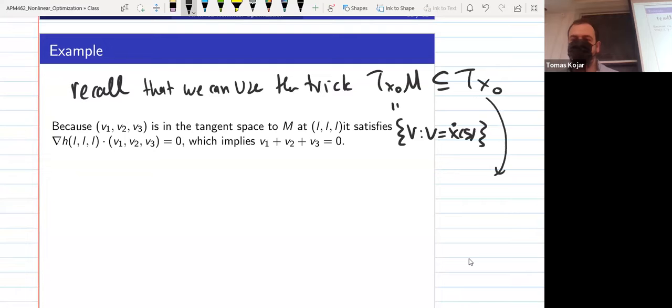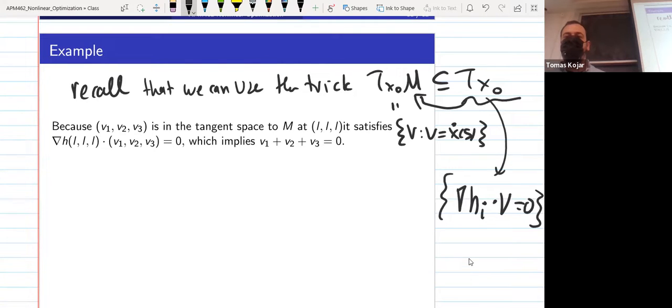But this one is easy. Here you just have to find the vectors that are dotted to the constraint gradients to zero. So we can ensure that our matrix is positive definite here, which implies it for its subset. Okay, good. So this is the tangent space.